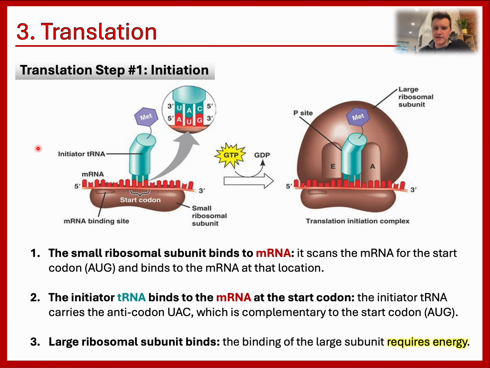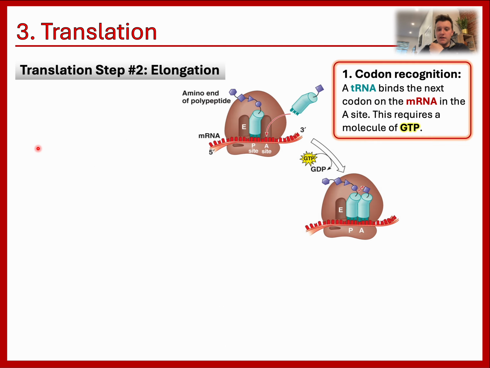Let's go back. Initiation was the first codon. So basically a small ribosomal subunit bound to the mRNA, searched for AUG, found it, and then put that first methionine, boom, start. Then it recruited the big subunit to come on top. Then now we're growing our chain.